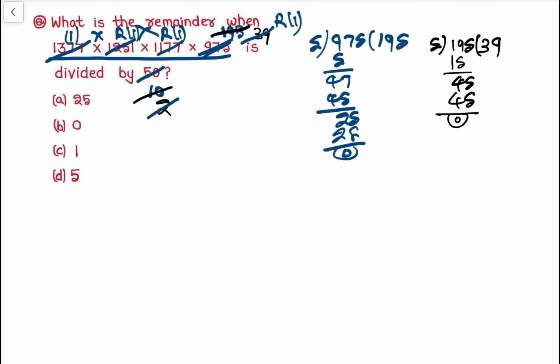So overall हो गया ये remainder 1. So 1 into, अब इससे 5 से डिवाइड किया, 2 बार 5 से डिवाइड किया ना, so 5 into 5, that is 25 is the overall remainder. So 25 is the answer. Simple.